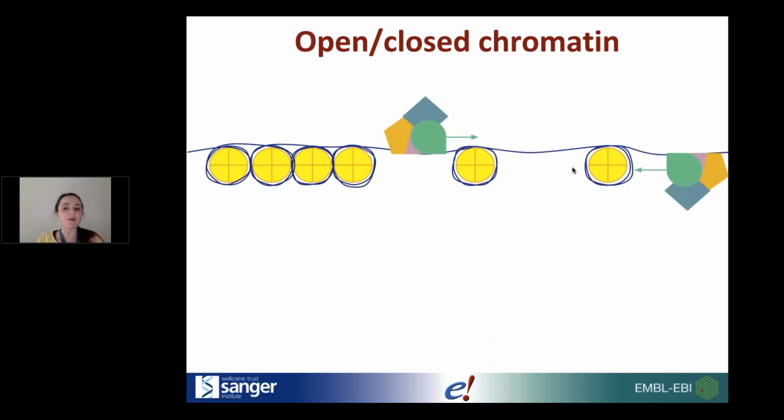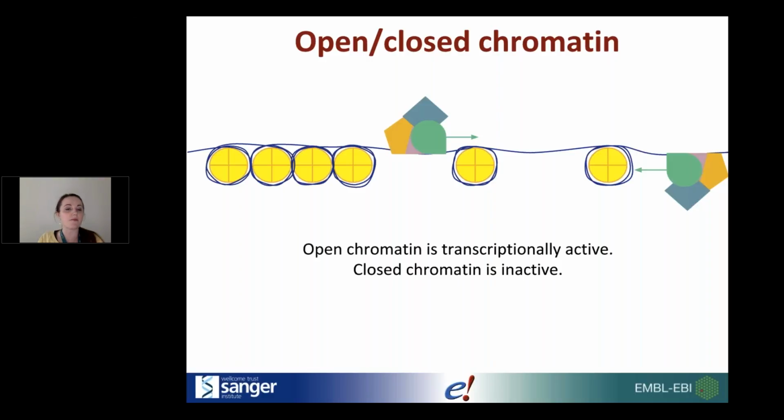And it's known that transcription factors and polymerase and things are more likely to bind, and therefore are more likely to get transcription in areas where the histones are much more spaced out. So the regions where we've got the spaced out histones are known as open chromatin, and it's transcriptionally active. The regions where they're all bunched together is closed chromatin, and they are inactive.